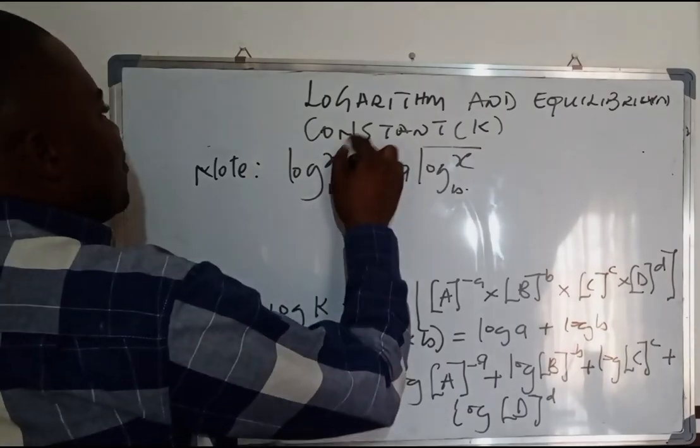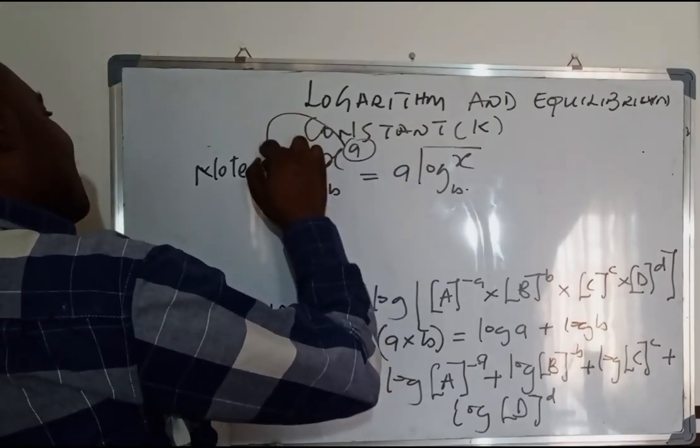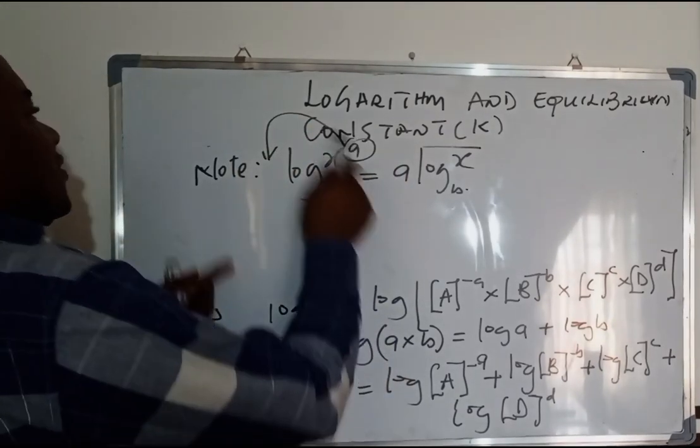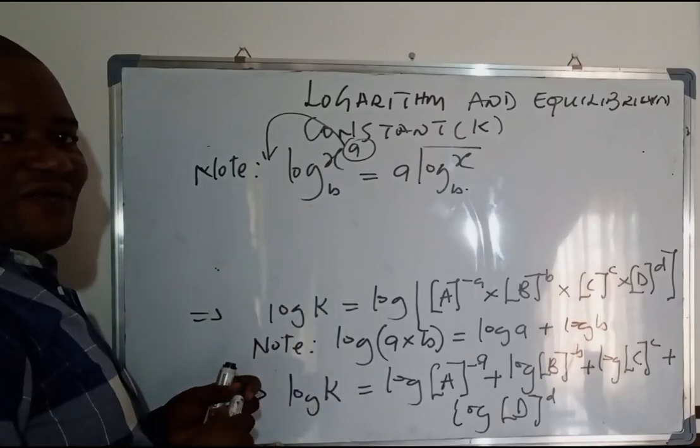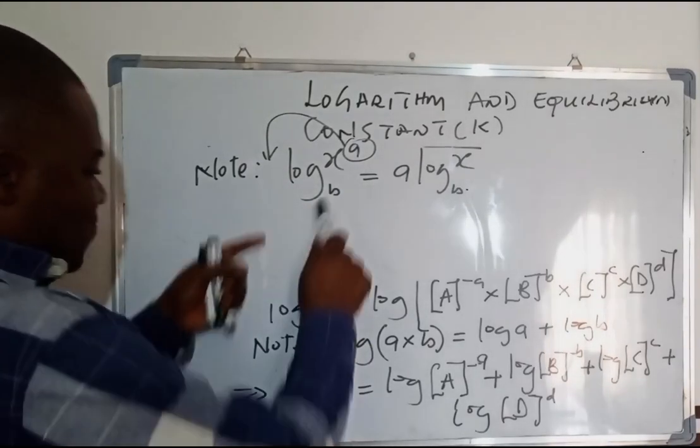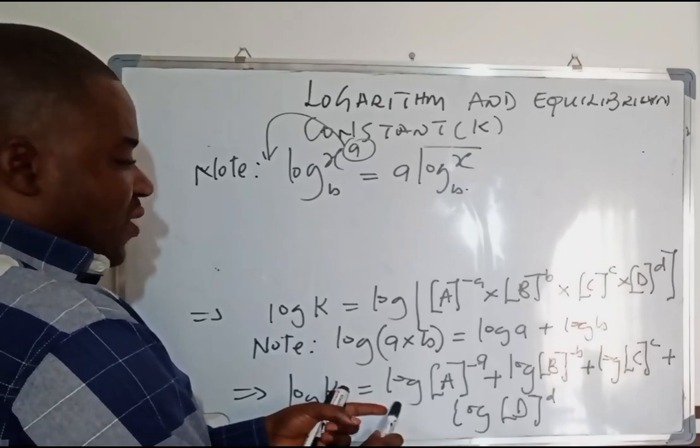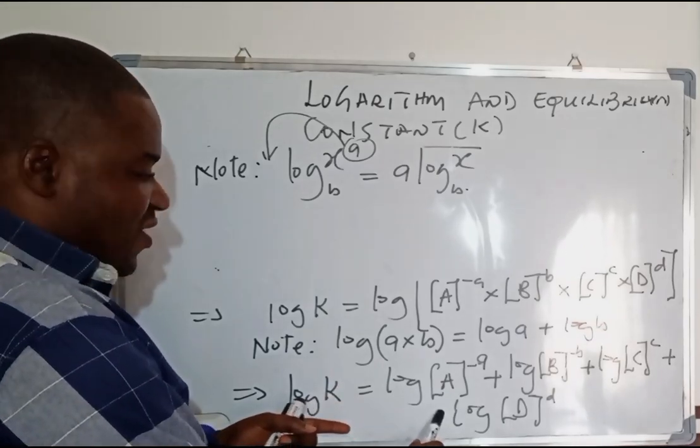That means we can bring this superscript to the front of the log. Now, if that is true, we can effect this on the right hand side of our equation.